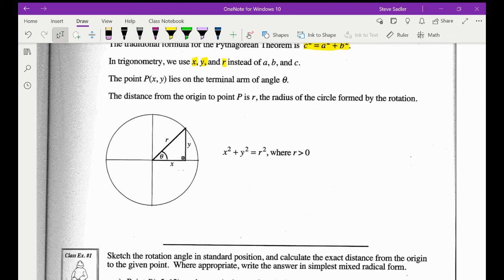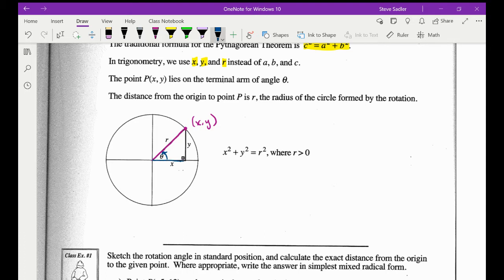So on this diagram here, we have an angle, and that's the terminal arm there. It creates this angle here, and what you can see is that xy point. That's an xy point. We use those coordinates to form a triangle.